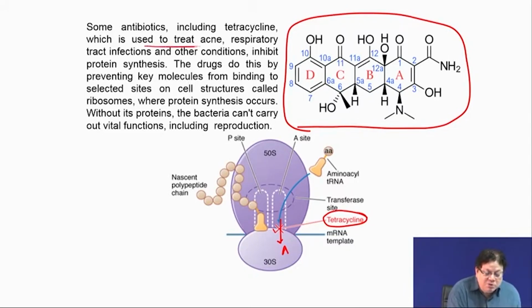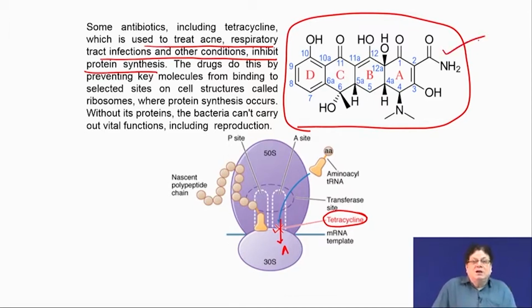Okay. First of all, it is used to treat acne, respiratory tract infection, other conditions, and another important use is that when there was this problem of plague outbreak in Surat about 10-15 years back, the only drug that used to work was tetracycline.